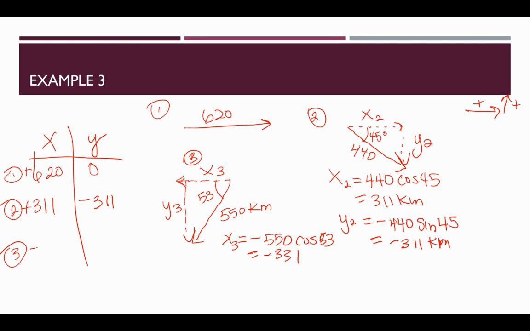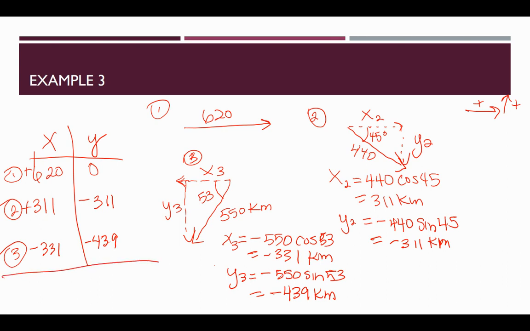So my x3 is negative 331. And then my y3 is, again, in the negative direction, negative 550 sine of 53. And this gives me negative 439 kilometers. These are both kilometers. So then I put that over here, negative 439.